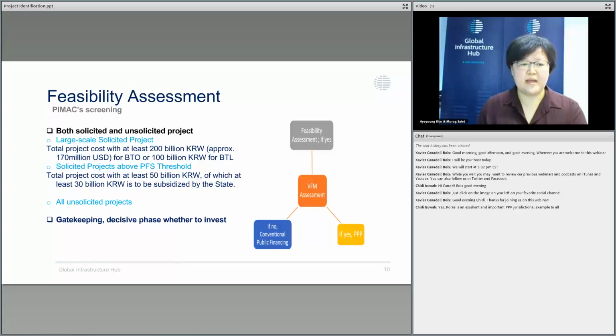So PIMAC assesses the feasibility of both solicited and unsolicited projects. Unlike the solicited project, where only large-scale projects should be subject to PIMAC's review, all unsolicited projects are subject to PIMAC's feasibility assessment.